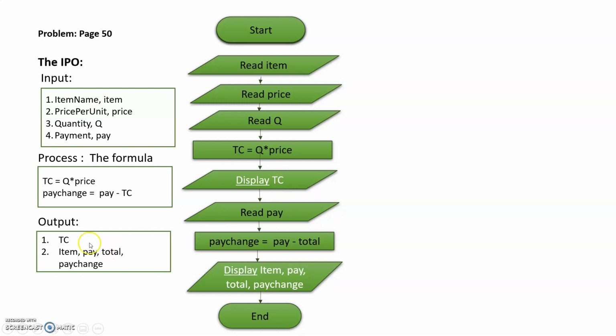So TC is the total payment, item is the item name, and pay is the payment. This one is TC actually. Just now we already wrote TC here, but here we want to calculate another one, so we display both.